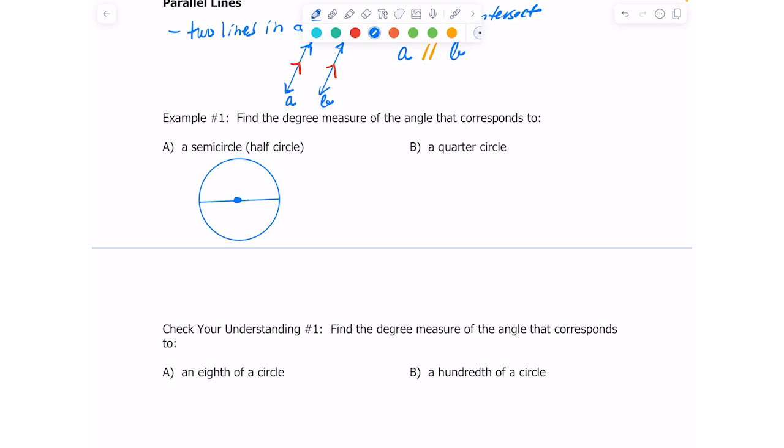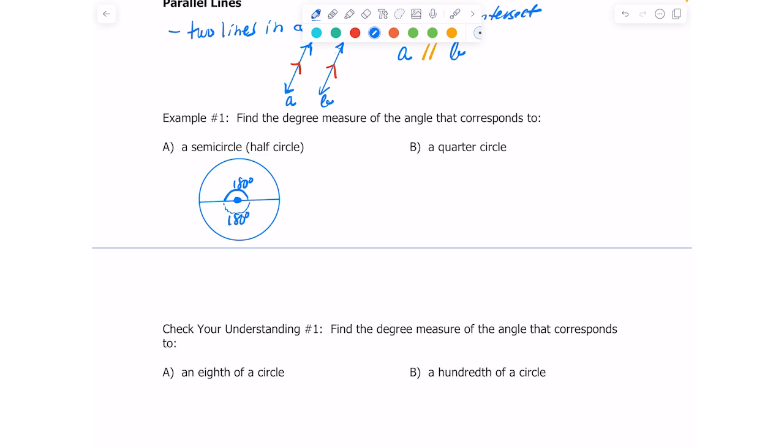It's a straight line, right? So straight angles measure 180 degrees. Well, how many degrees would an entire circle be if this was 180 degrees? The semicircle underneath is also 180, right?